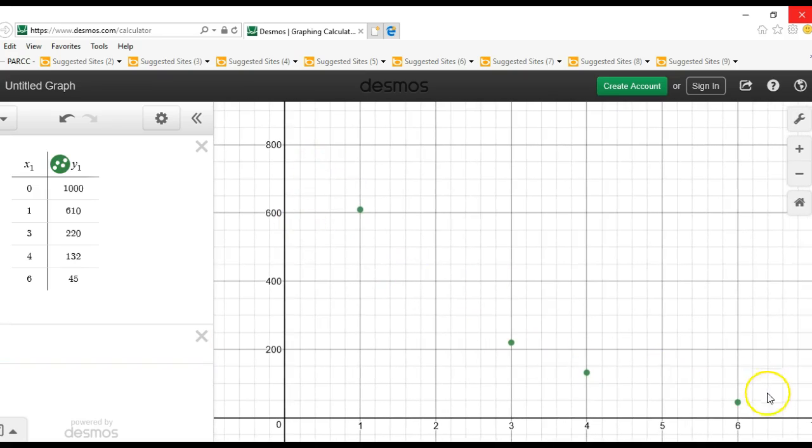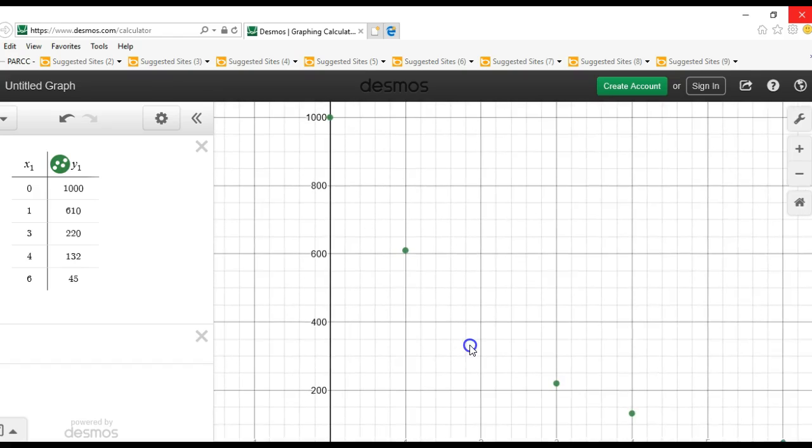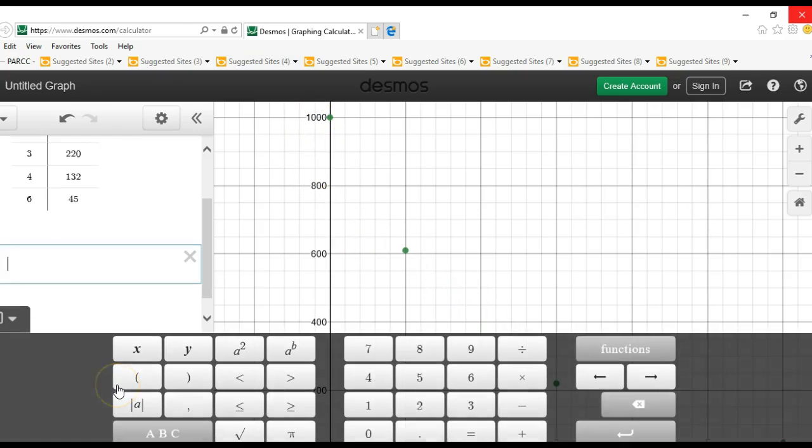I need Desmos to graph or give me the equation that best fits this exponential data set. It's called exponential modeling. So I need to communicate to Desmos that I need it to do this. So I'm going to put in the generic exponential function, which is y.